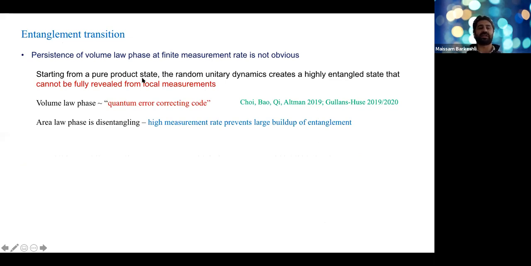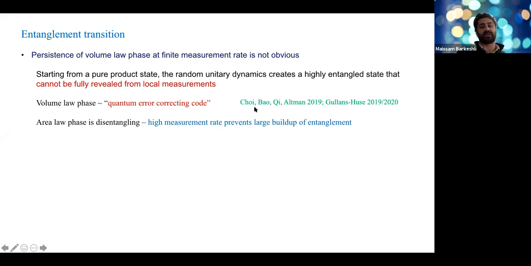Basically what's going on here is that if you imagine starting from a pure product state, this random unitary dynamics is creating a highly entangled state. And these measurements, even if you have some finite rate of these measurements, you can't fully reveal what the state is. So you can't completely disentangle the state using some small amount of measurements.